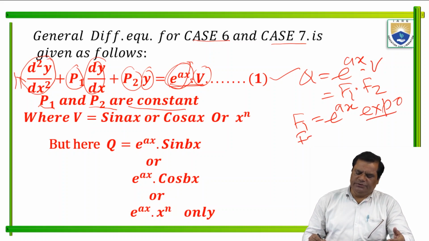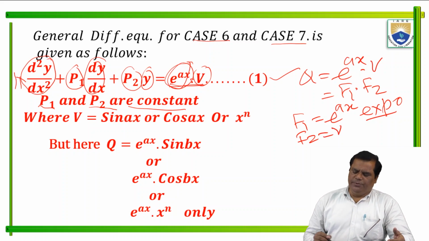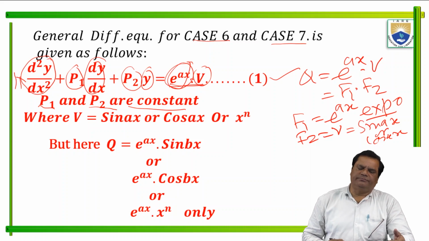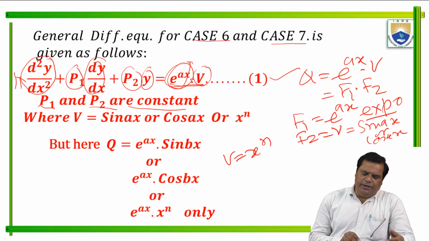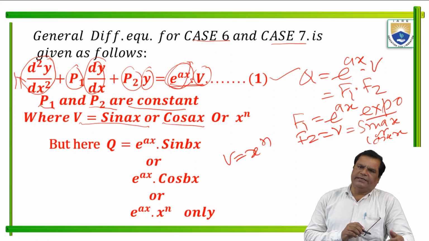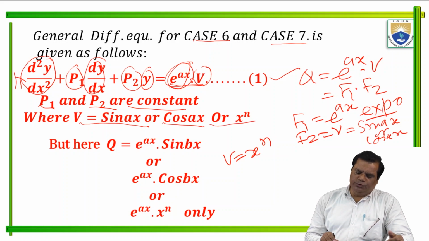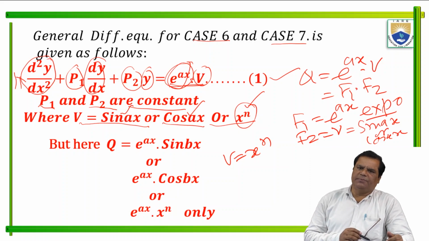And f2 is V. V is a trigonometrical function, sin bx or cos bx, or V is x to the power n. So V may be any one function: first sin bx, next cos bx, next x to the power n.